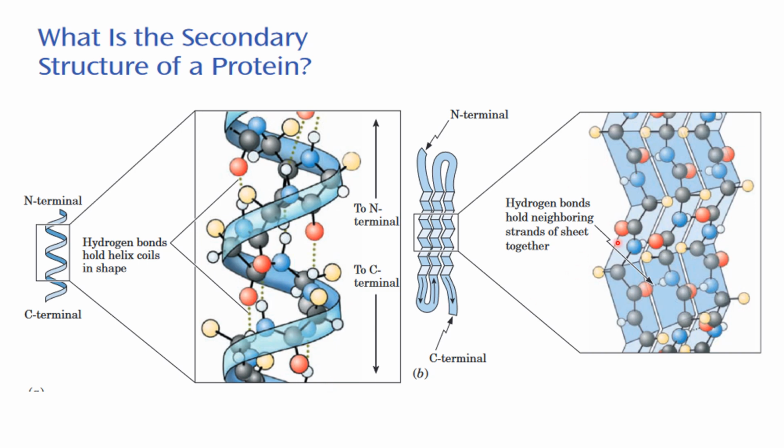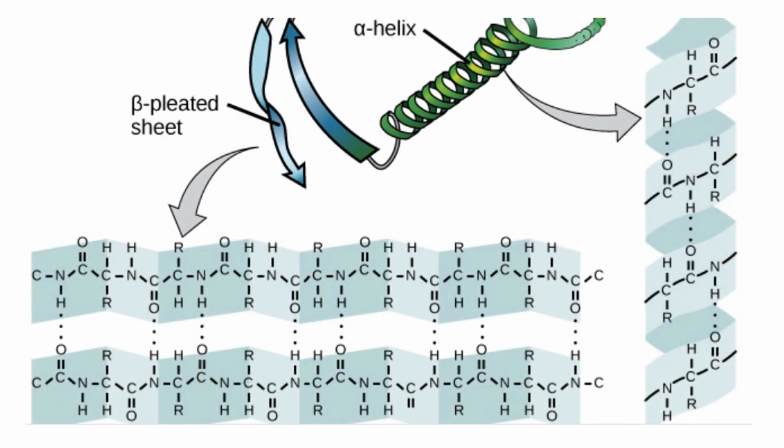Dito naman is formation of a sheet. Shown here are the stabilizing interactions in the secondary structure of protein. Take note, sa alpha helix you have H bonds. Likewise, sa beta sheet you have H bonds, and so on.